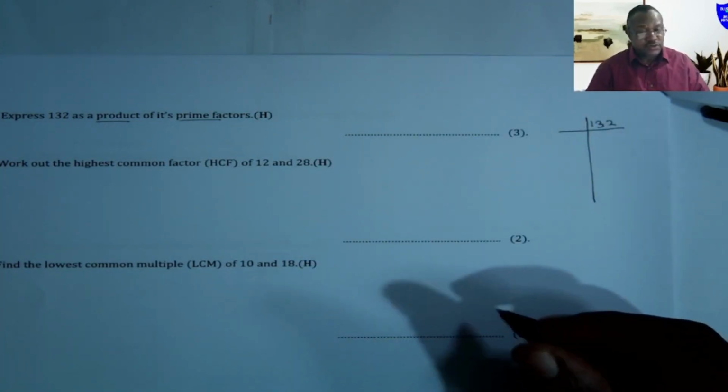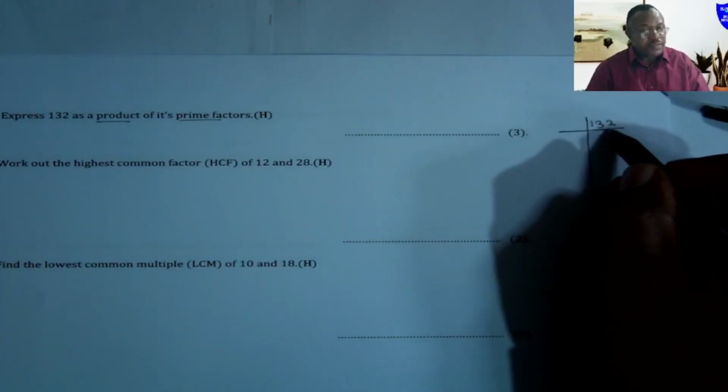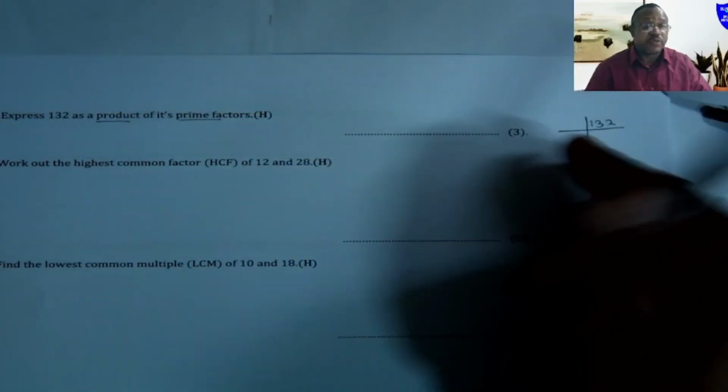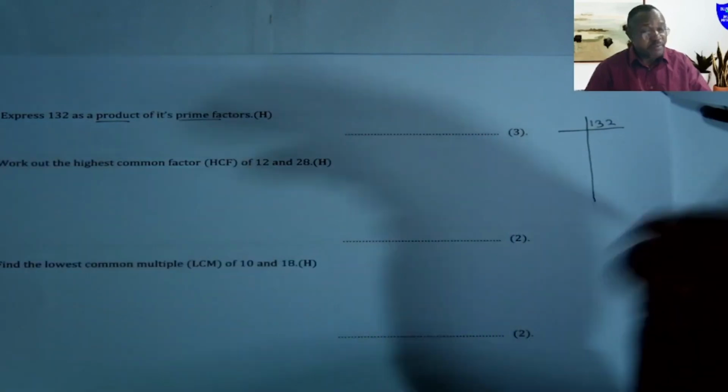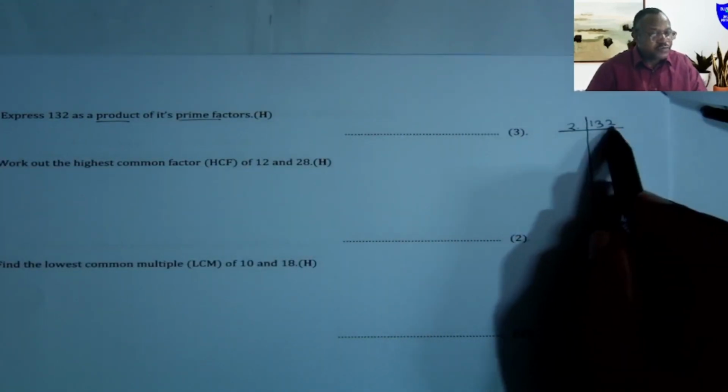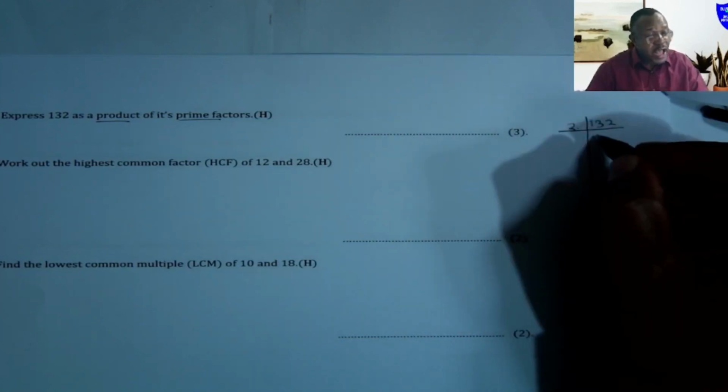So what you start doing is dividing 132 with prime numbers, not prime factors. So the first prime number is 2. So 132 divided by 2, you have 66.